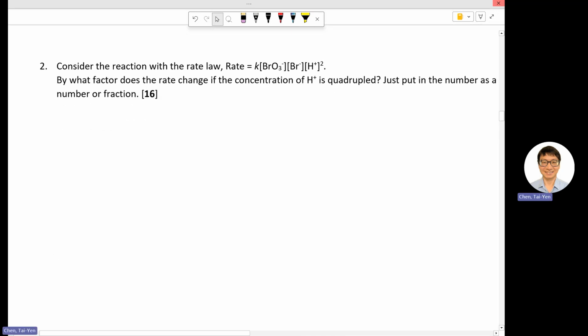The second question. Consider a reaction with this rate law. By what factor does the rate change if the concentration of H plus is quadrupled?